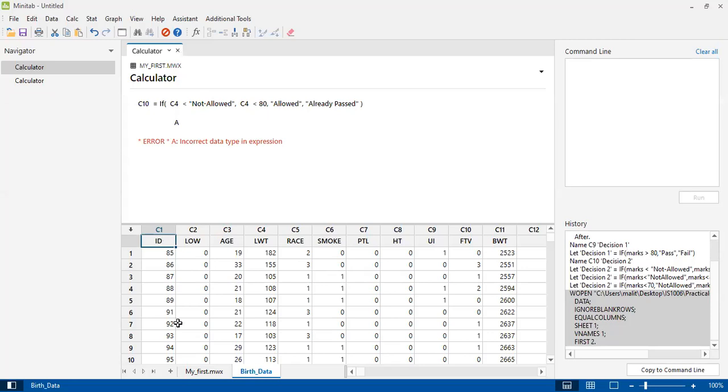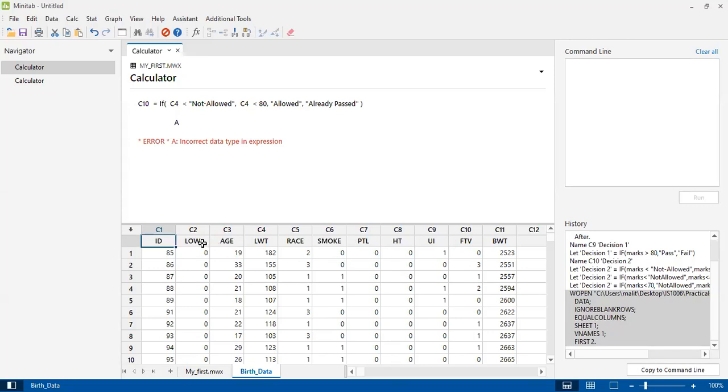This ID variable is just the identification one, so the next 10 are the variables. Among those 10 variables, some are categorical and some are numerical, that means continuous variables.